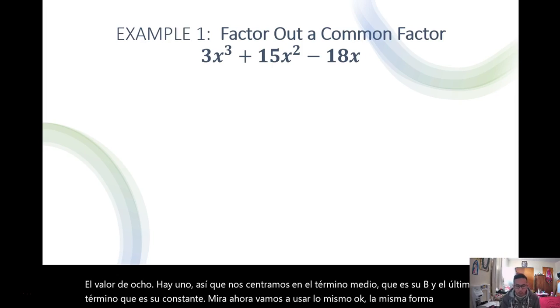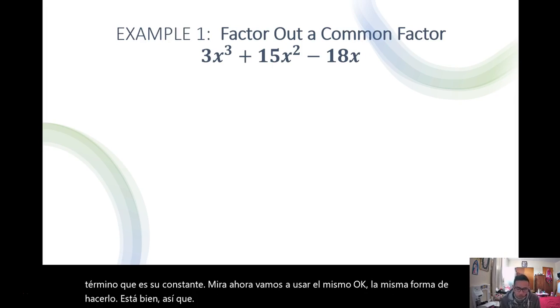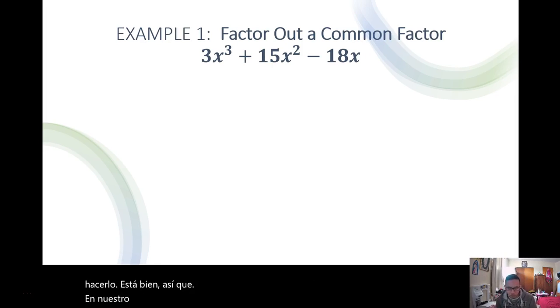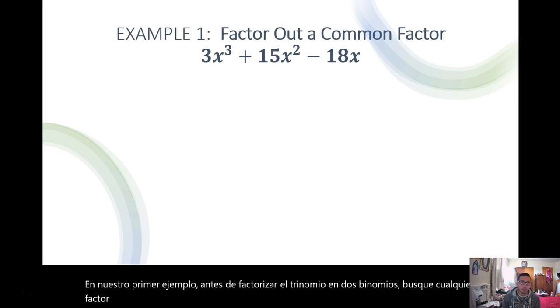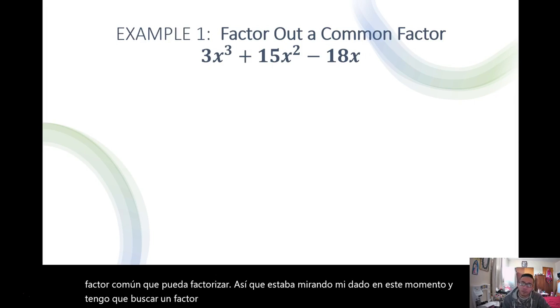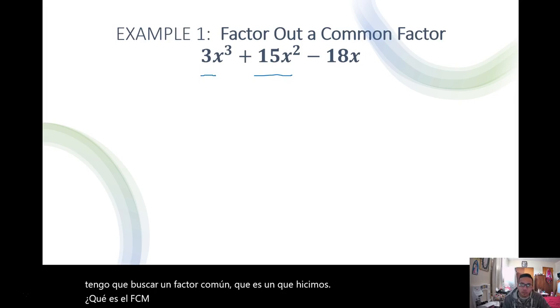In our first example, before factoring the trinomial into two binomials, look for any common factor that you can factor out. Looking at my given right now, I have to look for a common factor. What is the GCF of 3x cubed, 15x squared, and negative 18x?